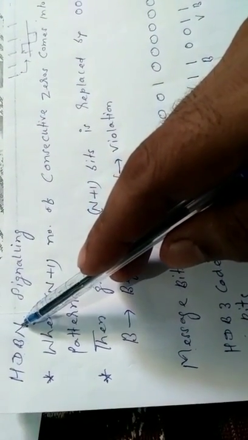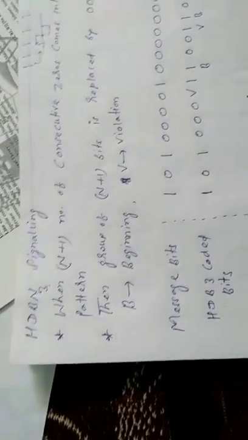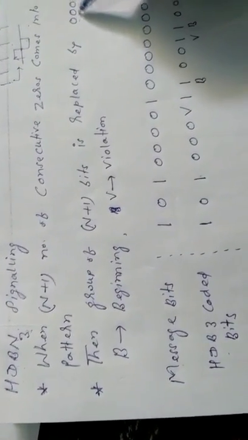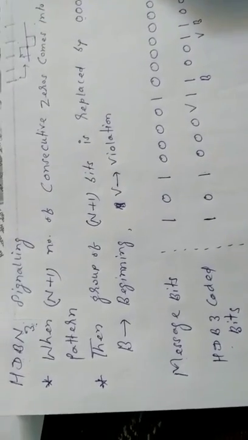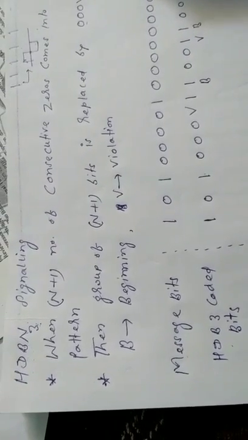Say if we take the value of N as 3, then this scheme will become the HDB3 signaling scheme. Now for this, what will happen? We will replace a group of 4 bits by 000V or B00V.